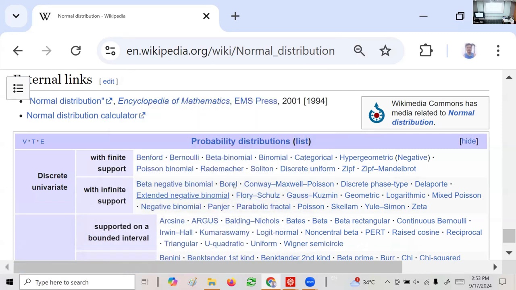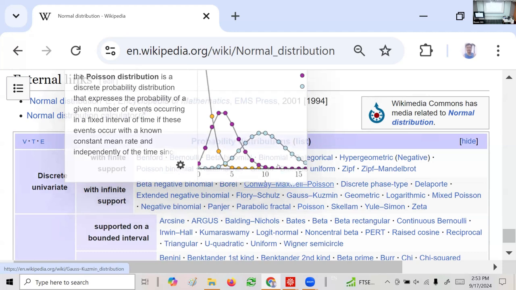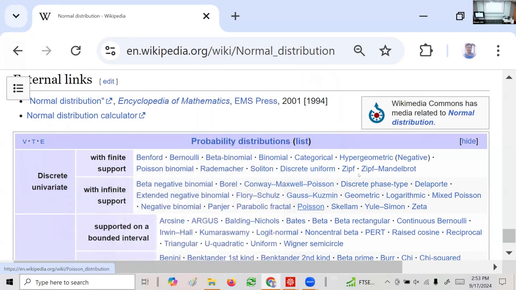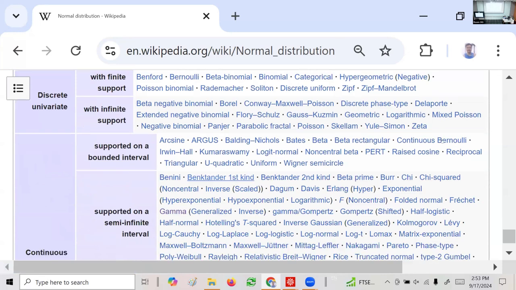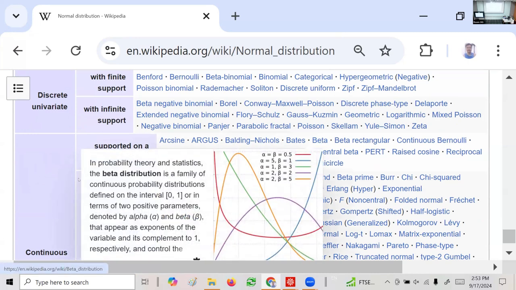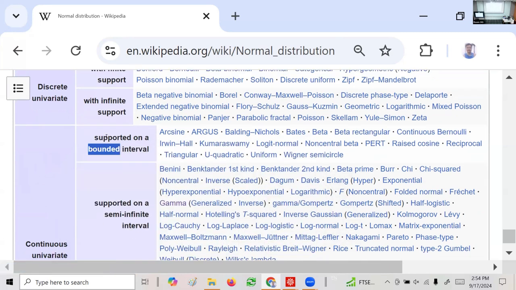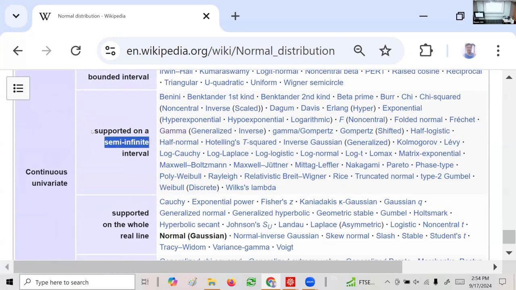Poisson. There it is. So this one, binomial, Poisson. Again, you can have many others. There are hundreds of them. There are actually more than this. Continuous, bounded: beta. Semi-bounded, I call it semi-bounded or semi-infinite: gamma.